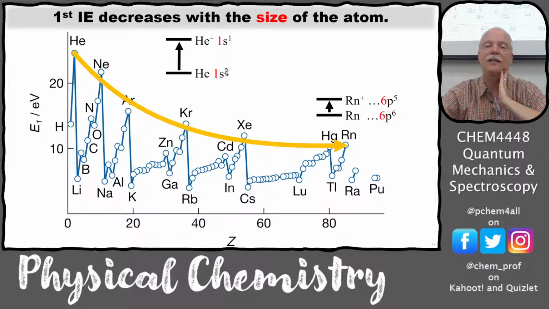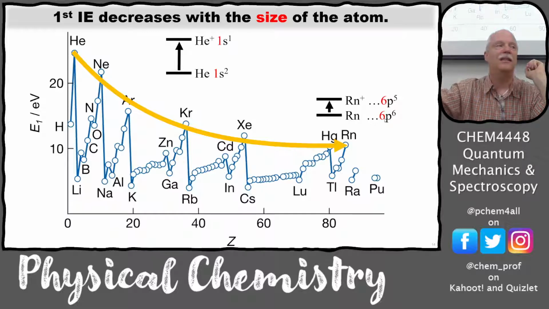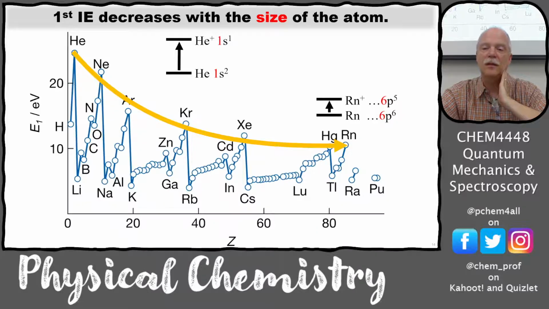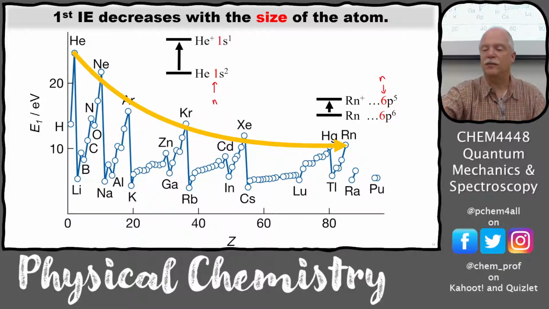So 1s2, 1s1, and look here, radon 6p6 and 6p5. I've got all this in front of it, and then it ends in 6p6 and 6p5. But I'm really emphasizing that the quantum number n here is, from n equals 1, really small, close to the nucleus, n equals 6, way far away from the nucleus.